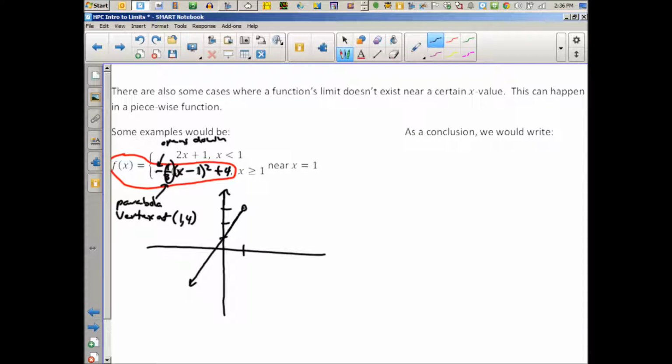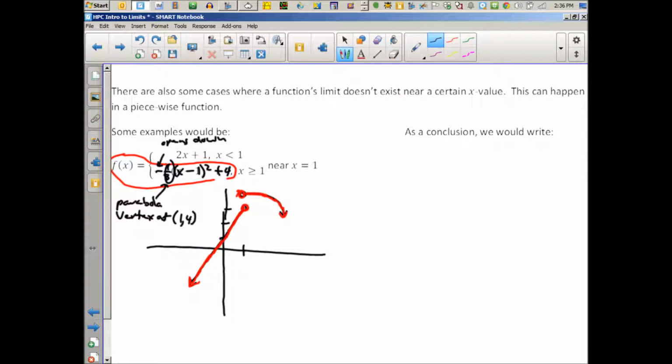So in any case, what we're saying is that there is a vertex at 1, 4. This thing opens downwards. It's actually fairly wide looking. And we're only drawing the right-hand piece of it. So here is your line in red, and your curve in red. You don't need the left side of the parabola. You can ignore that. I'll erase it.